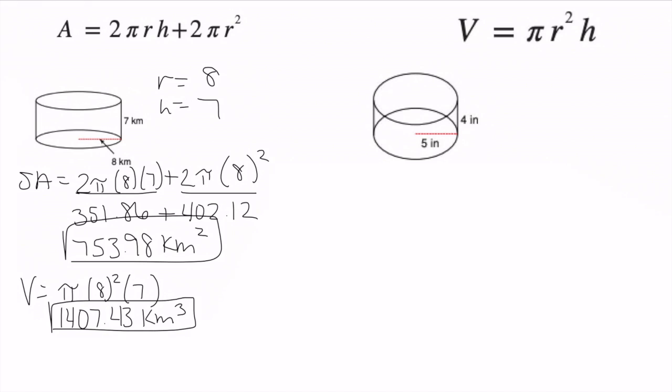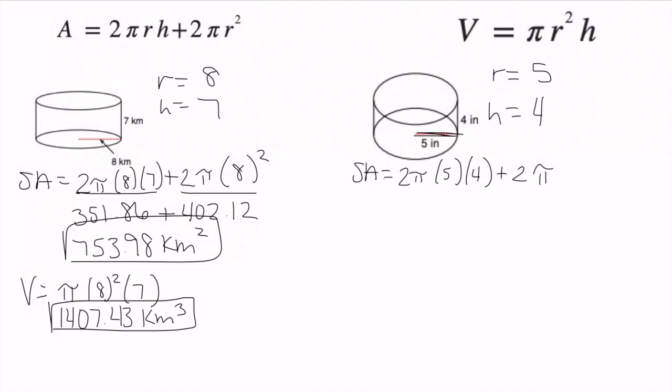All right, so in this next one, we also need to identify our radius and our height. So our radius is right here. It's going to be 5 with a height of 4. So for surface area, we have 2 pi times 5 times 4 plus 2 pi times 5 squared.